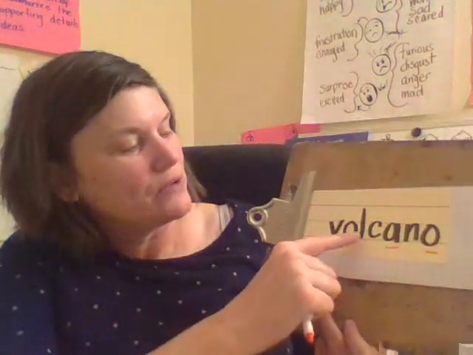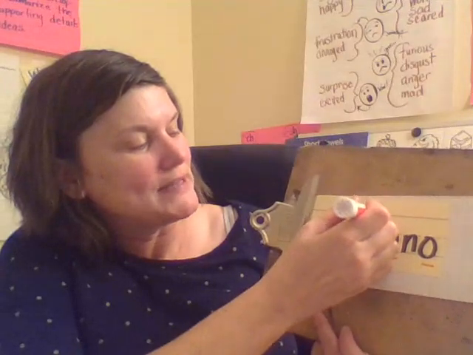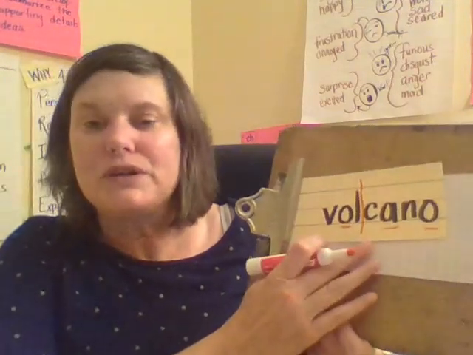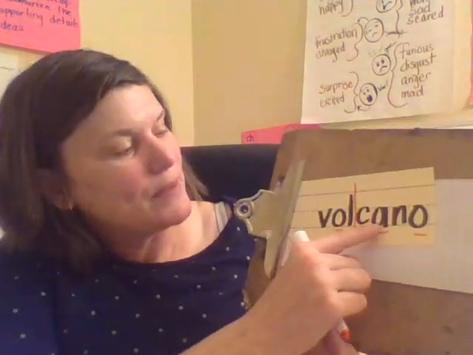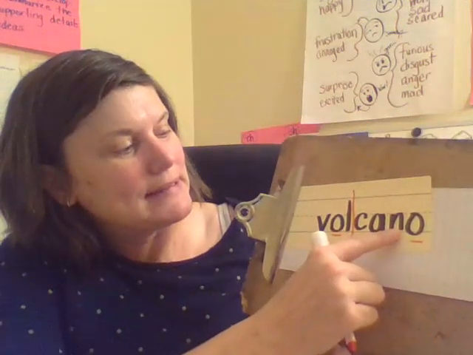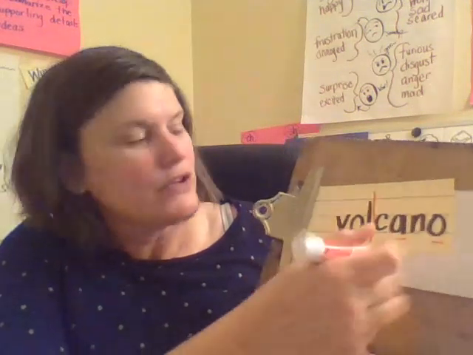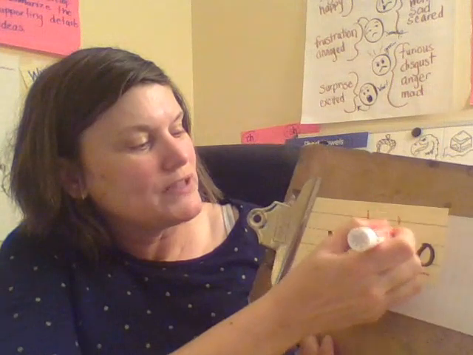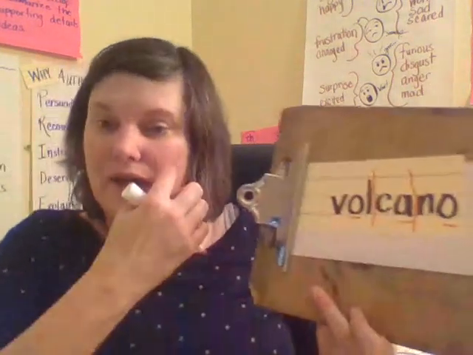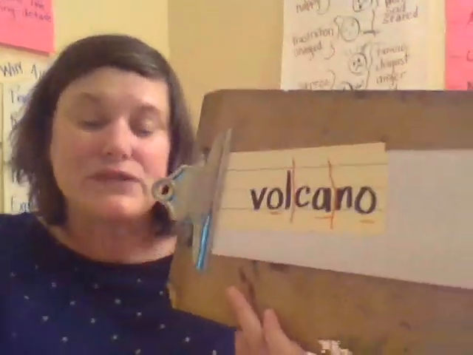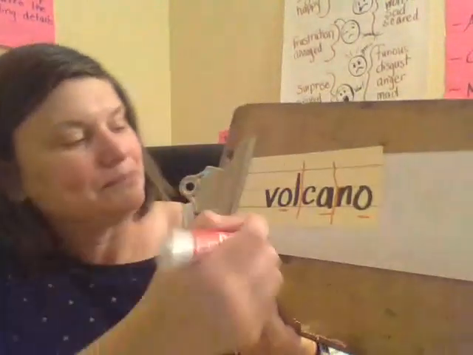Okay, so vowel, consonant, consonant. We know we split between 2 consonants. And then we have vowel, consonant, vowel. So when we're not sure, we split before the consonant. And then if that doesn't work, then we try it after.